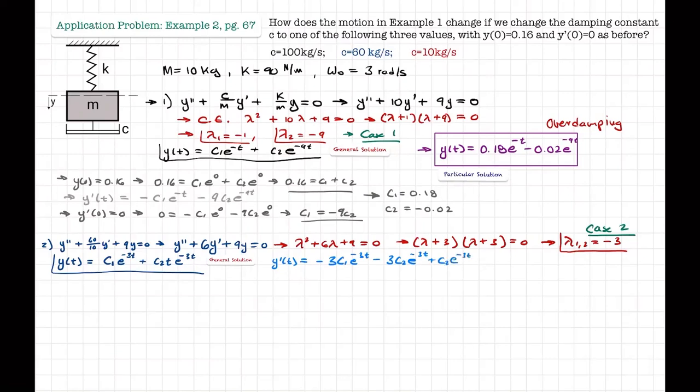Because this one has these two terms here. So we need to basically apply the product rule.